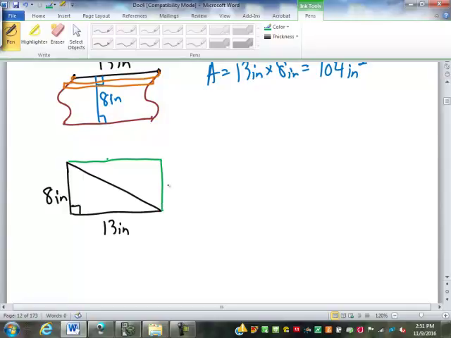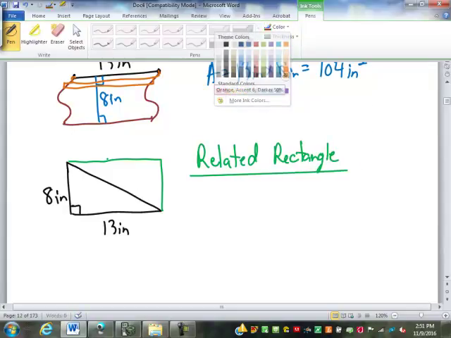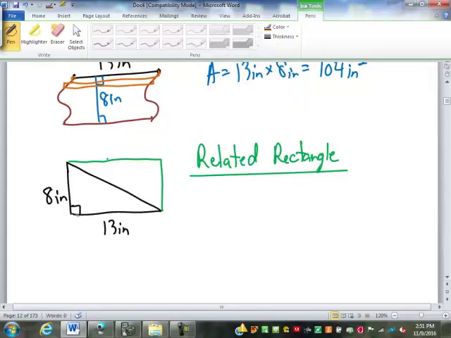So the area of that triangle has to be found using the related rectangle. The related rectangle is the rectangle that contains that triangle and has the same base as the triangle.